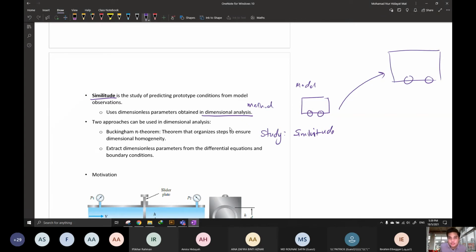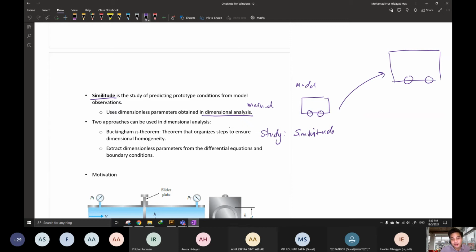Remember that when they use the dimensional analysis, first they must make sure the equation is homogeneous, having the same dimension. So there are two approaches for the dimensional analysis. The first is the Buckingham Pi theorem. It sounds nice to hear.